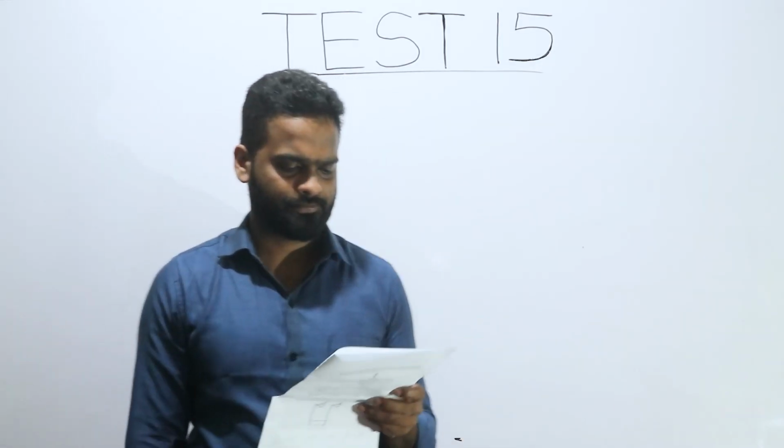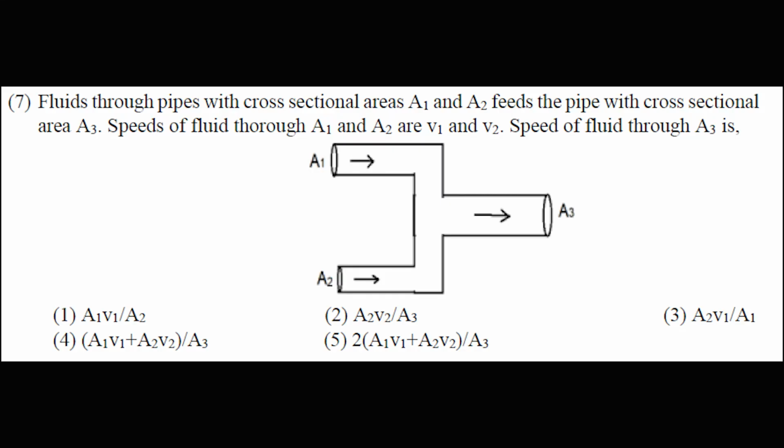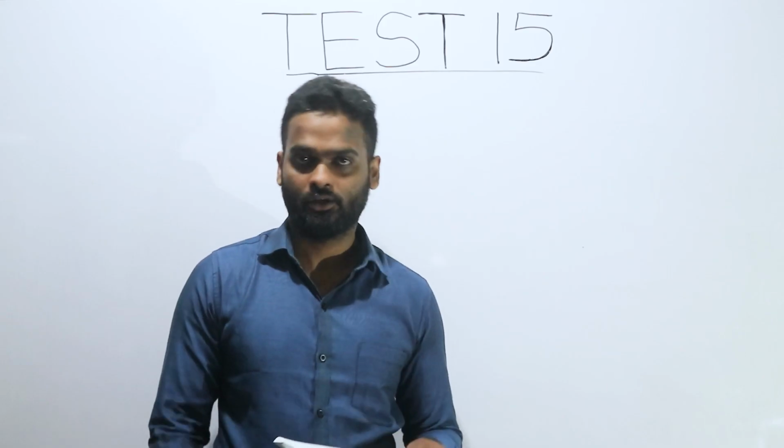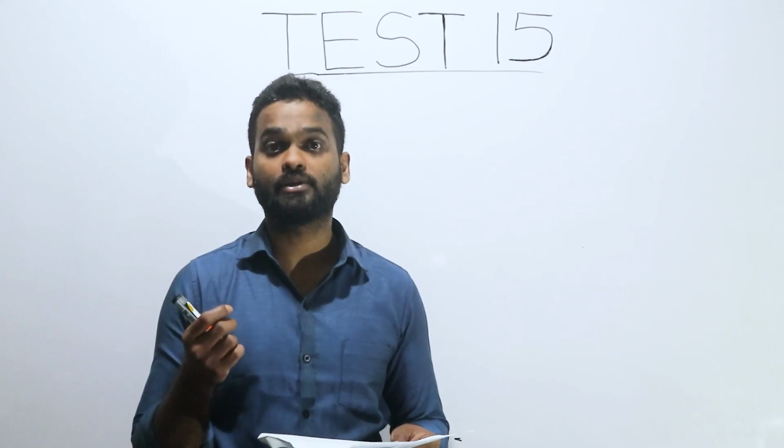7th question. Fluids through pipes with cross-sectional areas A1, A2 feed the pipe with cross-sectional area A3. Speeds of fluid at A1, A2 are V1, V2. What is the speed of fluid through A3? This question is from hydrodynamics.